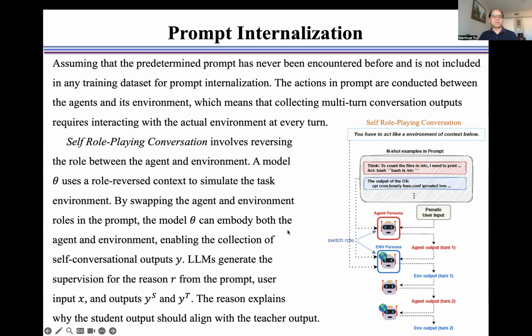A model theta uses the role-reversed context to simulate the text environment.